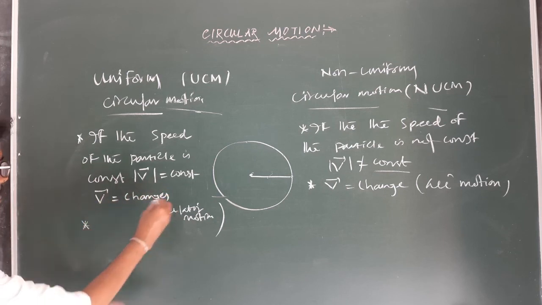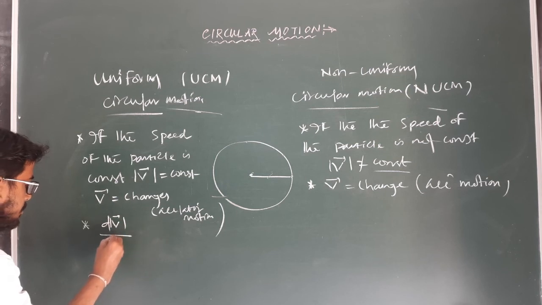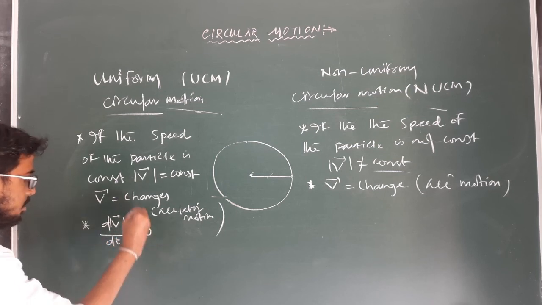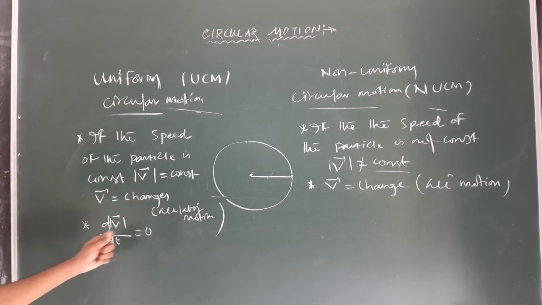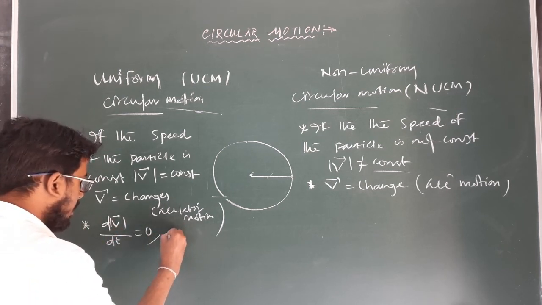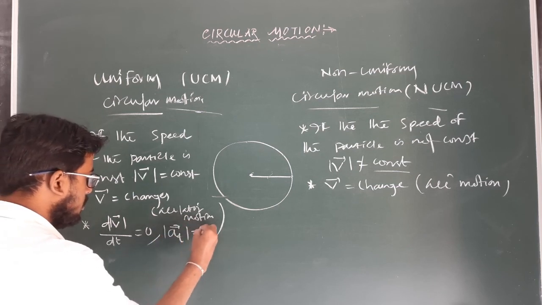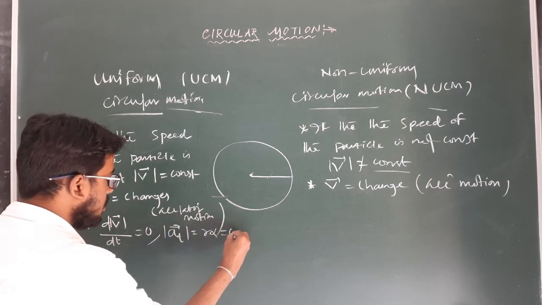as here speed remains constant, the derivative of speed is equal to 0. Clear? So if this is equal to 0, then the tangential acceleration magnitude, which is equal to r alpha, is equal to 0.